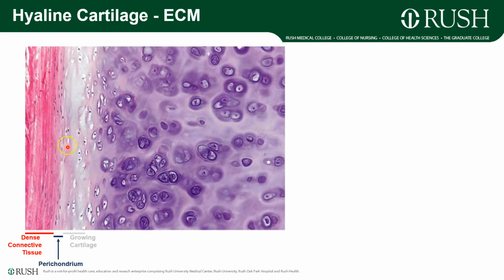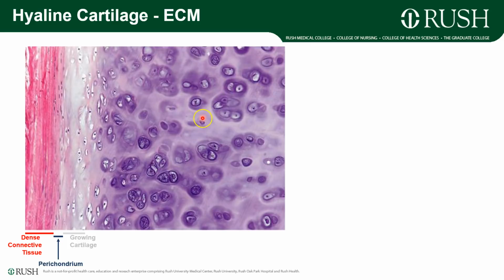And as cartilage grows, these cells proliferate, as you can see in this lighter stained area here. You can see the cells dividing actively, and then they synthesize the extracellular matrix surrounding themselves, and that eventually becomes what is known typically as hyaline cartilage.